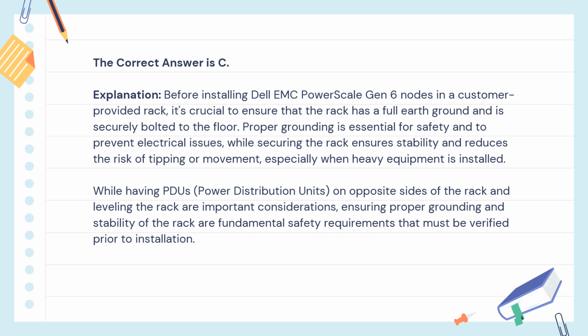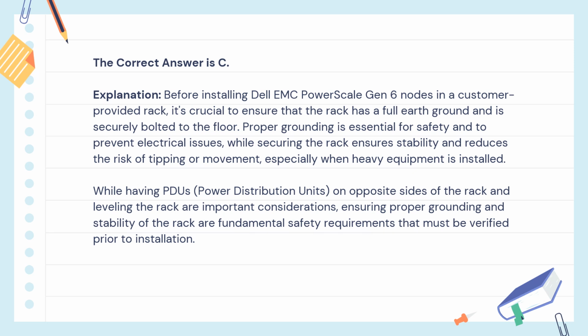Because before installing Dell EMC PowerScale Gen 6 nodes in a customer-provided rack, it's crucial to ensure that the rack has a full earth ground and is securely bolted to the floor. Proper grounding is essential for safety and to prevent electrical issues, while securing the rack ensures stability and reduces the risk of tipping or movement, especially when heavy equipment is installed.